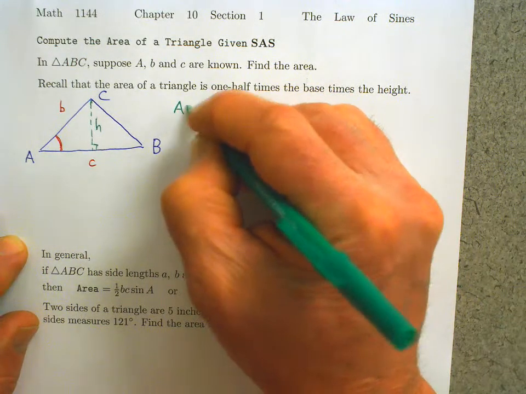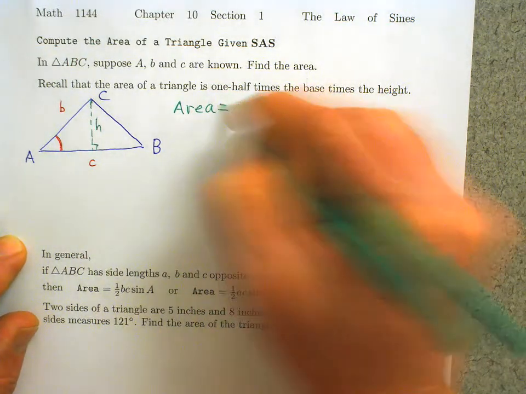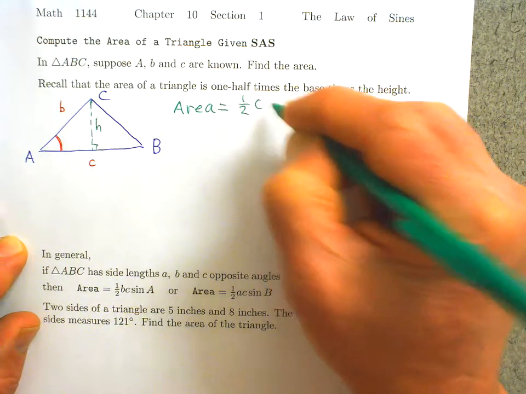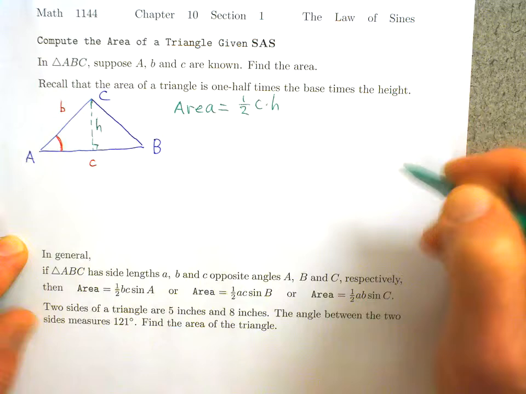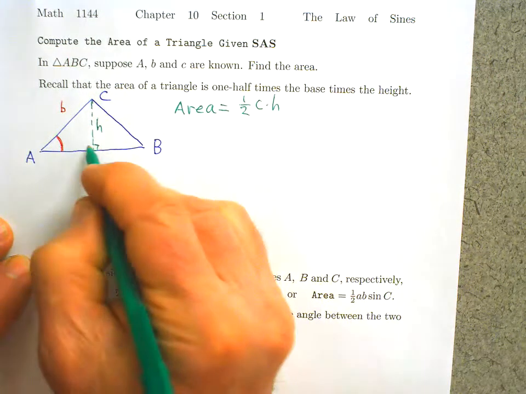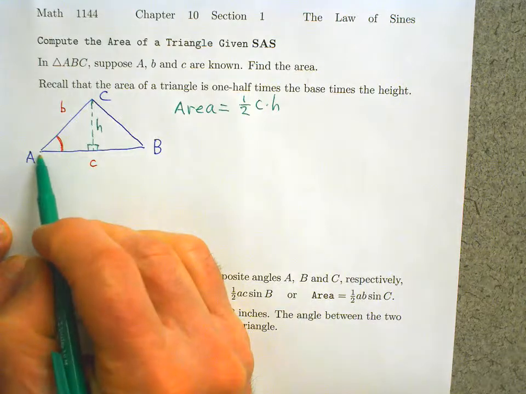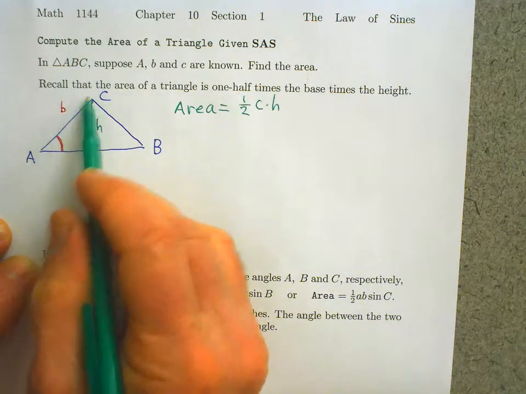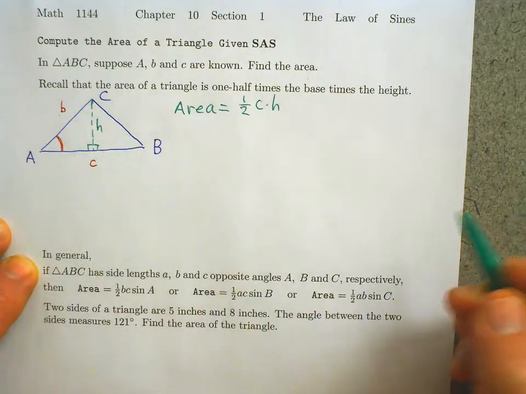So the area is just 1/2 base times the height, 1/2 c times h. Well, I can use the right triangle on the left, since I know what angle A is, and I know what this length b is.